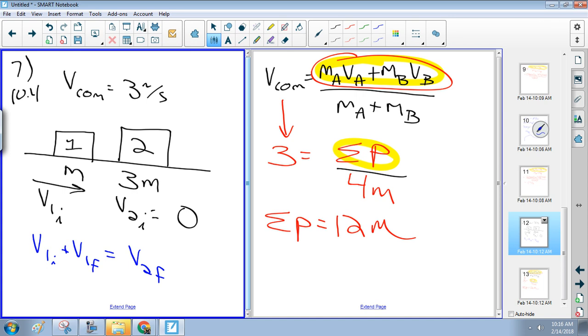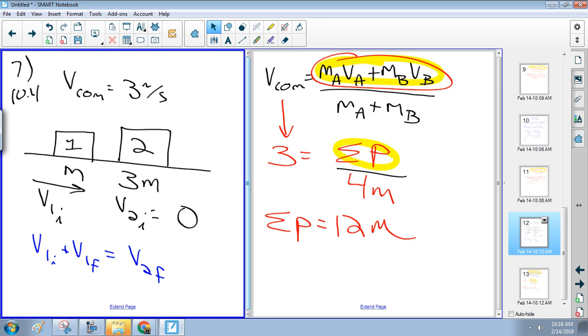We can find something relatively easily. Patrick? Well, you can find the velocity of the thing that's moving, because momentum is mass times velocity. Yeah. Look, before the collision, isn't all of the momentum in block 1? Oh, and we know the total momentum. Oh, and we know the mass. Oh, so what does this velocity have to be? It's got to be 12, right?